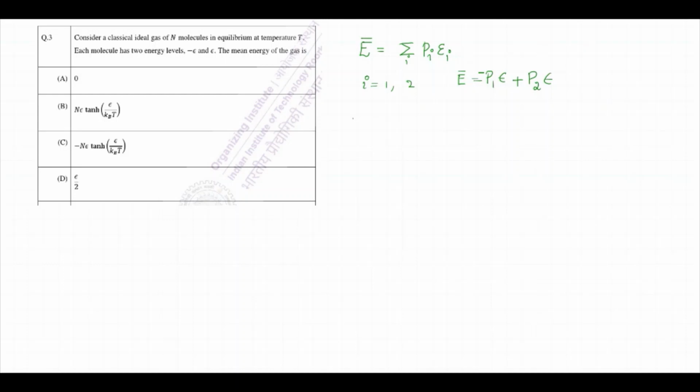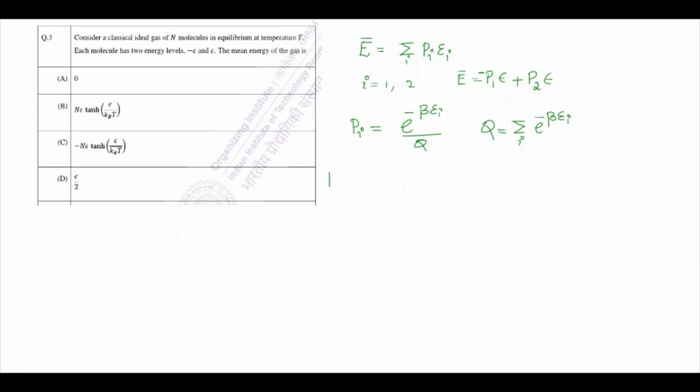Now what are the probabilities? The probability of a particular energy level P_i is the Boltzmann factor e raised to minus beta E_i divided by the partition function. What is the partition function? Partition function is the sum over all states of the Boltzmann factor.